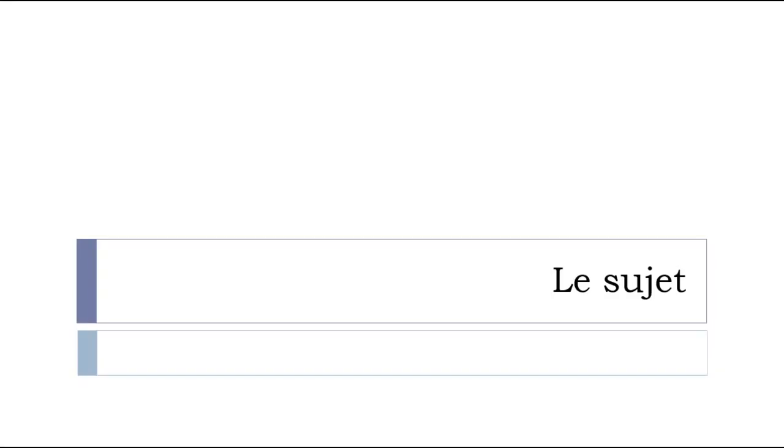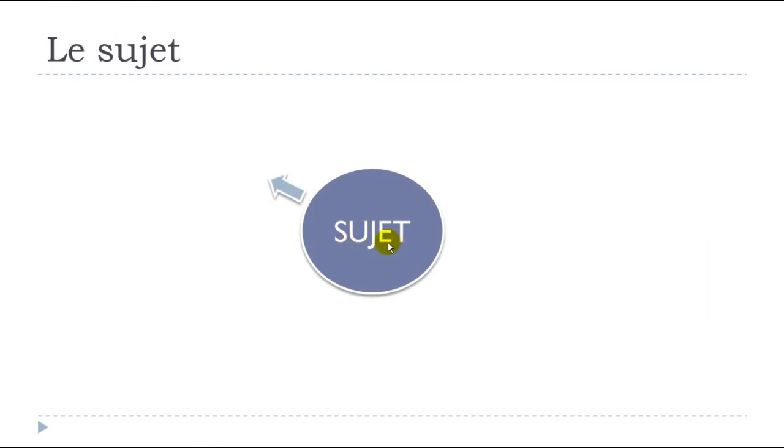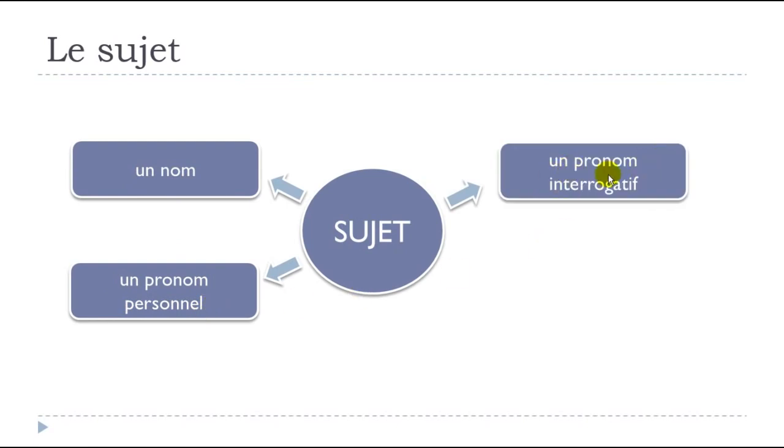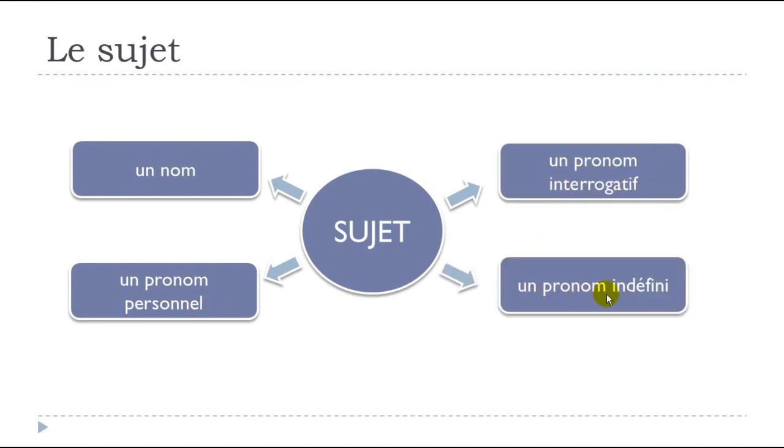Le sujet, and we'll see in this video what in French can be the subject of a sentence. Okay, le sujet, the subject, and basically it can be un nom, un pronom personnel, un pronom interrogatif, un pronom indéfini.